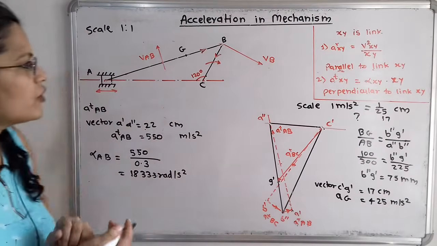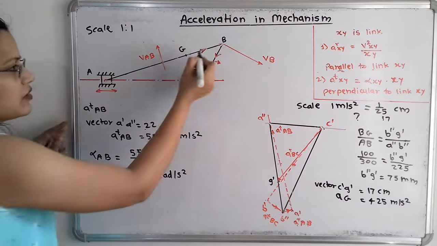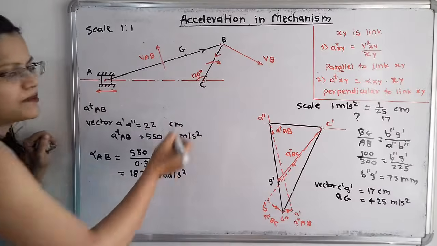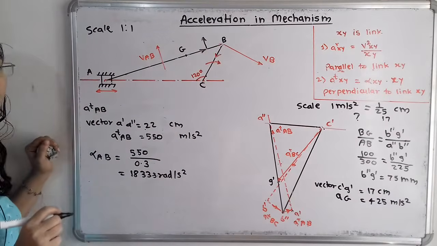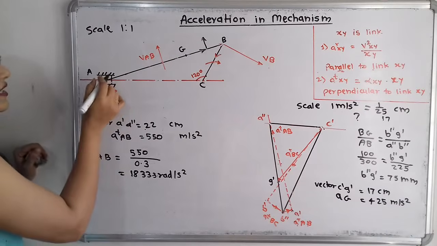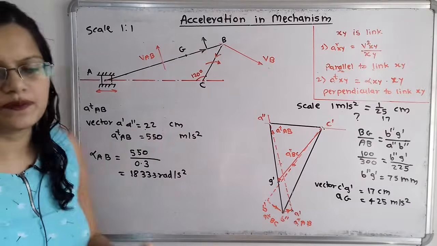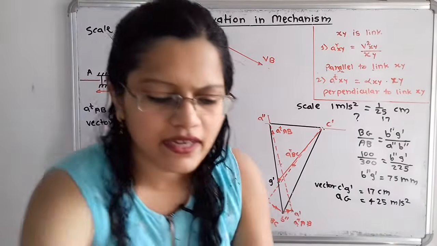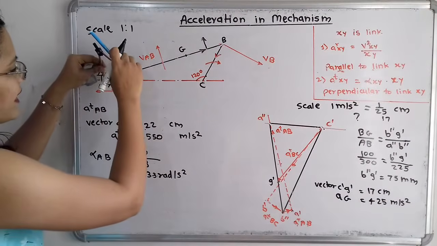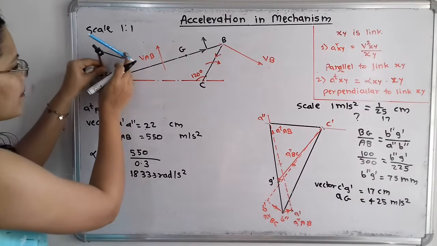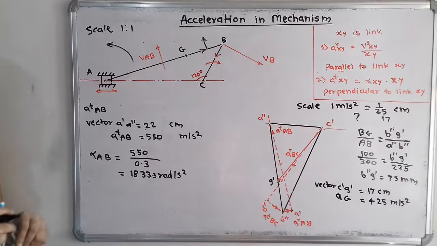So if we observe, for this radial component, here is the acceleration towards P, and for the tangential component it is in the upward direction. So if I take the compass, here the direction is from point A towards B. So if I take A as a center and I move the compass in the upward direction, then this is the direction, that is the anti-clockwise direction.